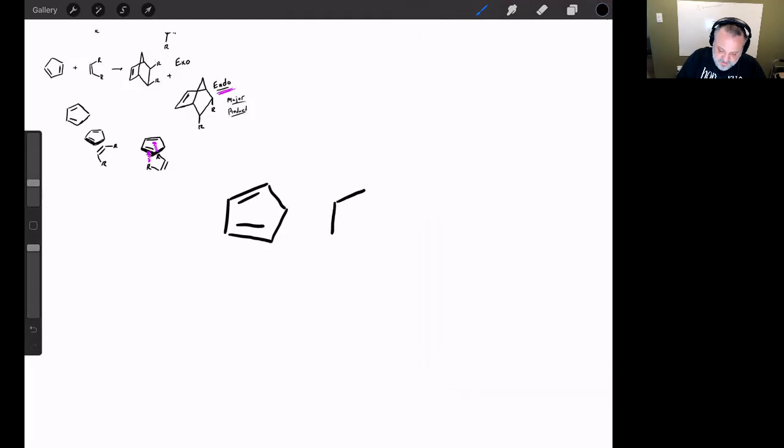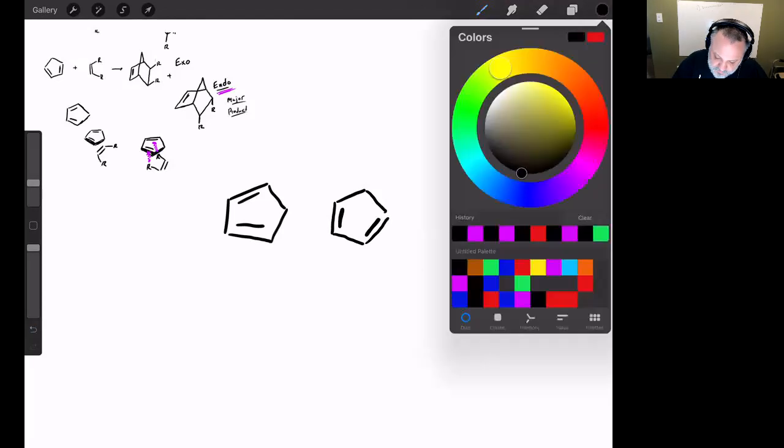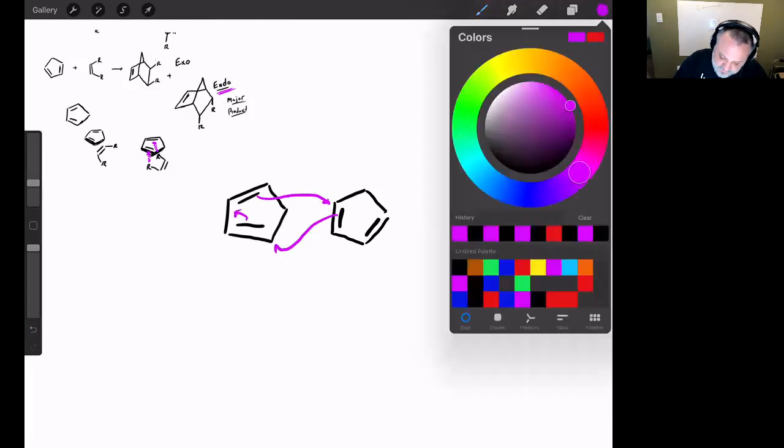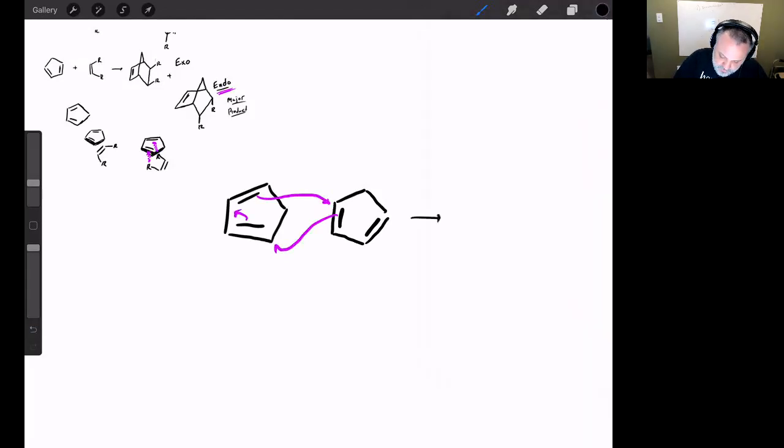In this case, the cyclopentadiene is also the dienophile. And so I'm going to get the same result. I'm still going to make a 6-membered ring. Draw it down here, draw my little chevron.